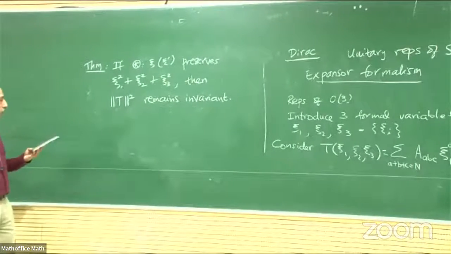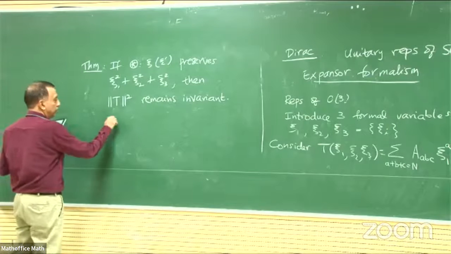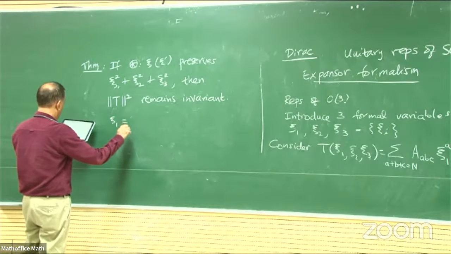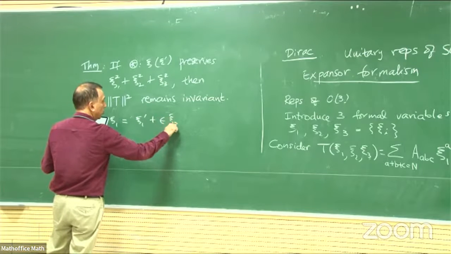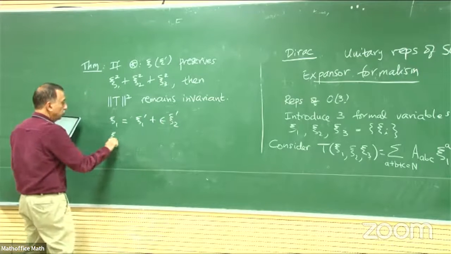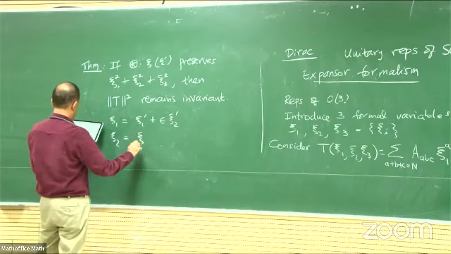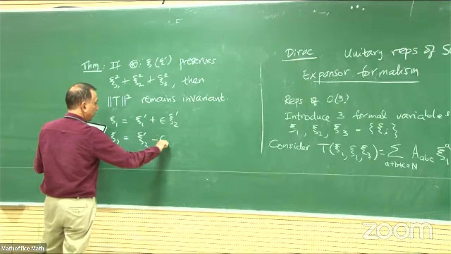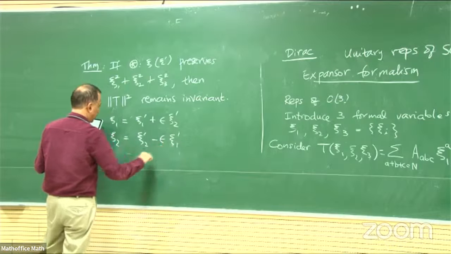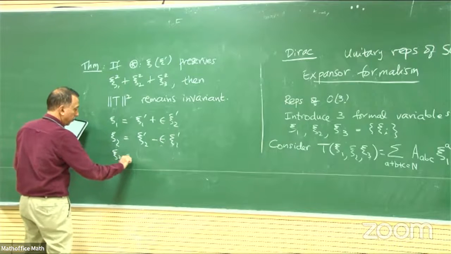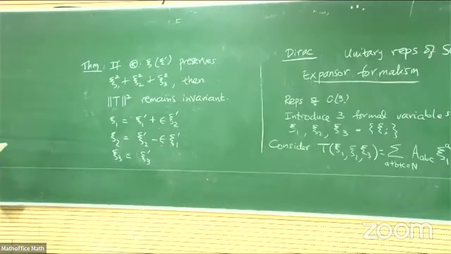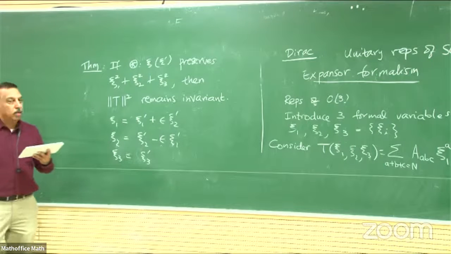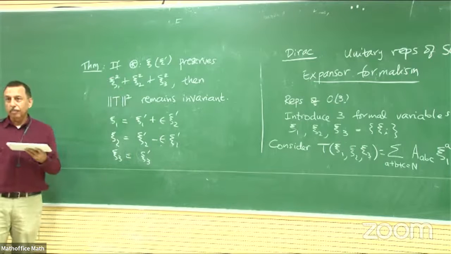And he proves it by working with the infinitesimal transformation. So he says, let psi1 be psi1 prime plus epsilon psi2 prime, and let psi2 be psi2 prime minus epsilon psi1 prime, and let's not change psi3. Okay, so here's a linear transformation, and you can easily see that to order epsilon, this does not change the quadratic form.